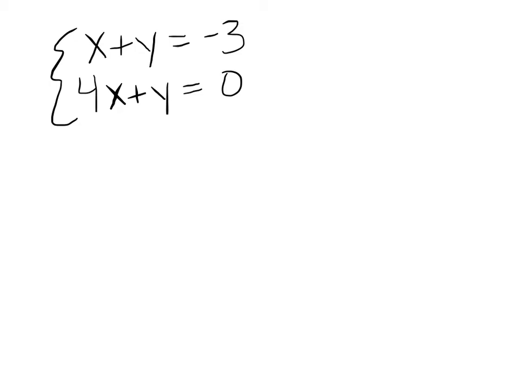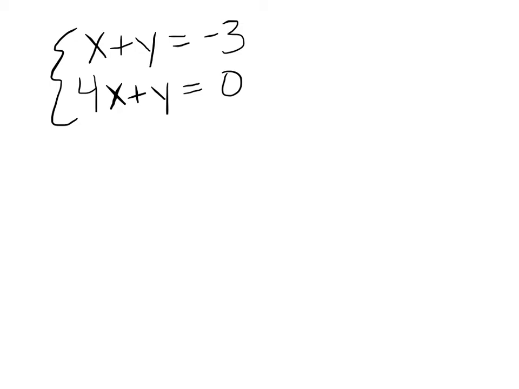But alright, here's another example. I always said if you want to use substitution, you look for the variable all by itself. Do you see a variable all by itself in this problem? There isn't one. However, there is a way we could make a variable be all by itself. Either equation would work.